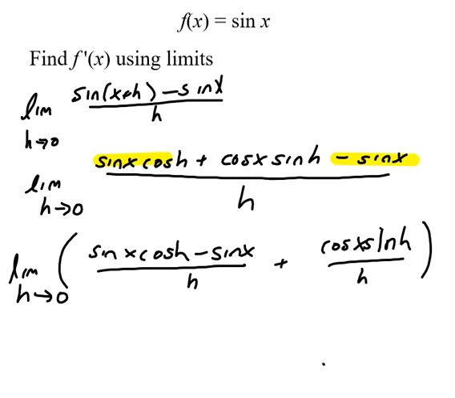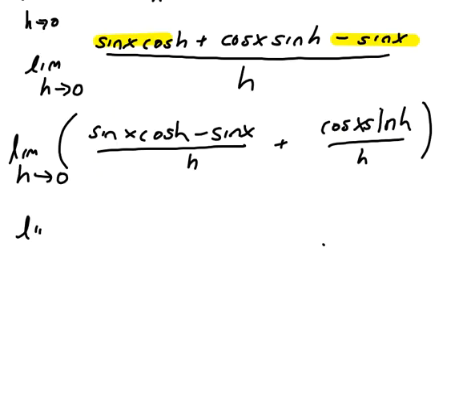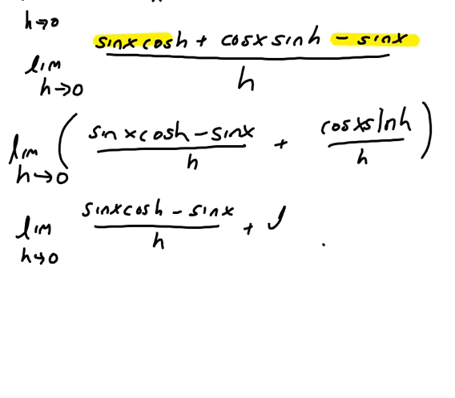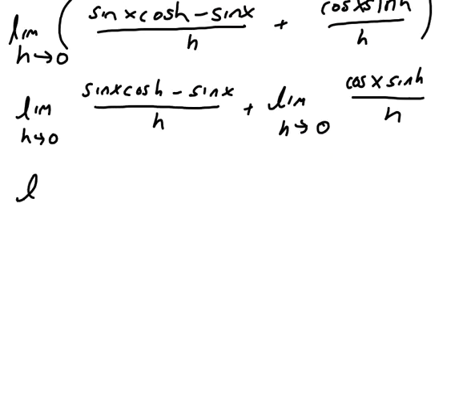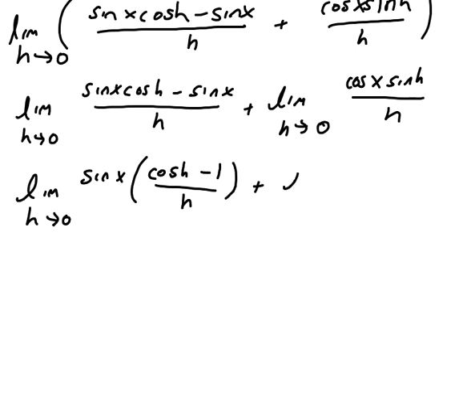Since I have those two pieces separate, by limit laws, I can do the limit as h approaches 0 of this first piece plus the limit as h approaches 0 of this second piece. On this first piece, I could factor out my sine x, and I have cosine h minus 1 over h.